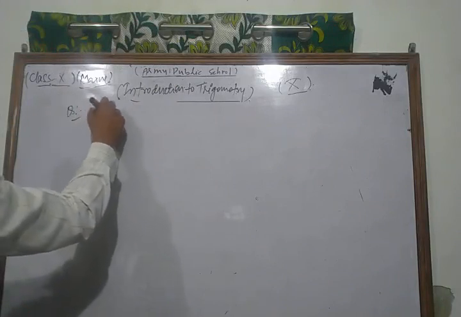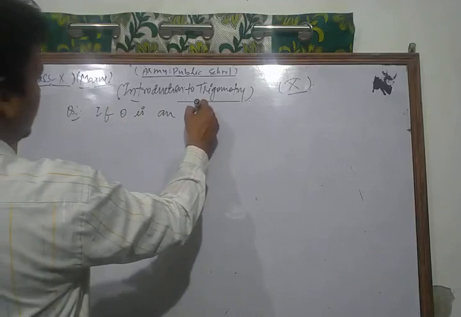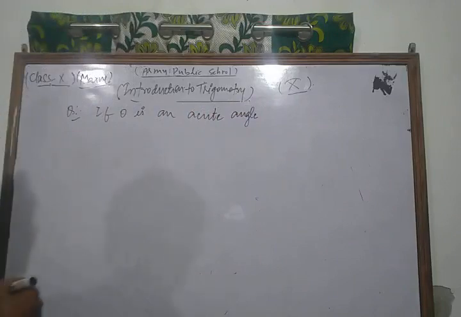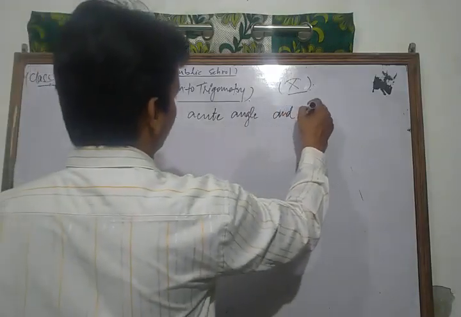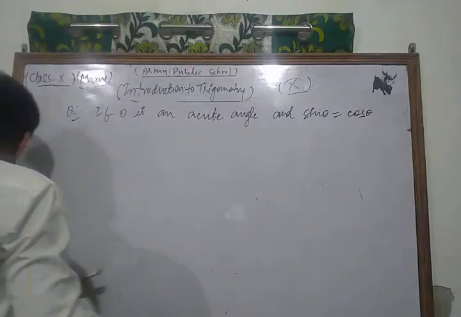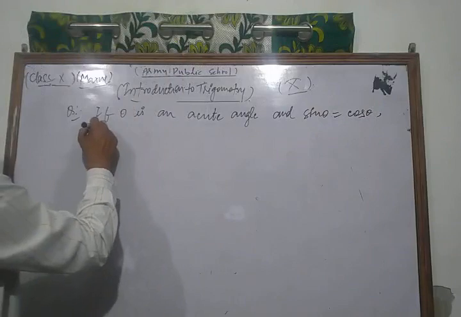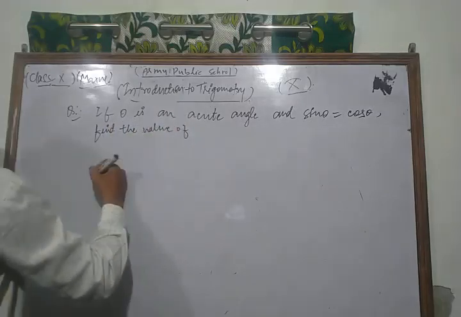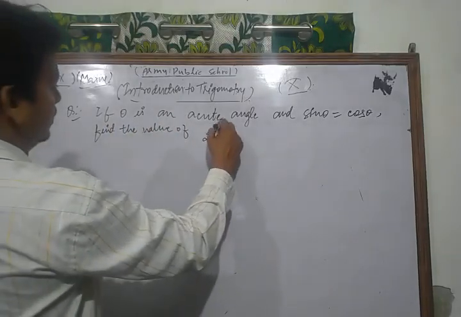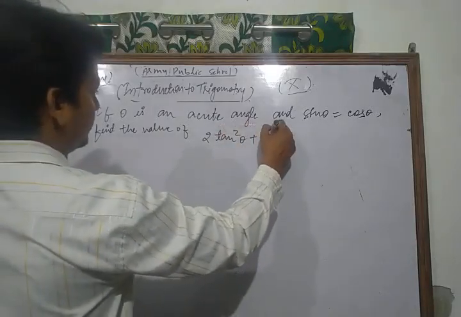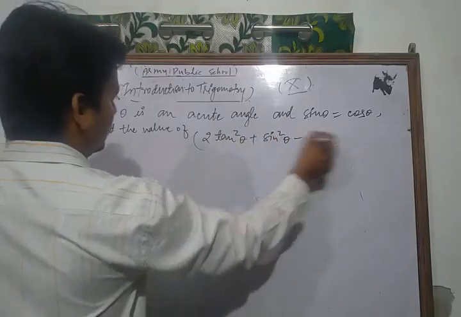Your question is, if theta is an acute angle and sin theta is equal to cos theta, find the value of 2 tan square theta plus sin square theta minus 1.